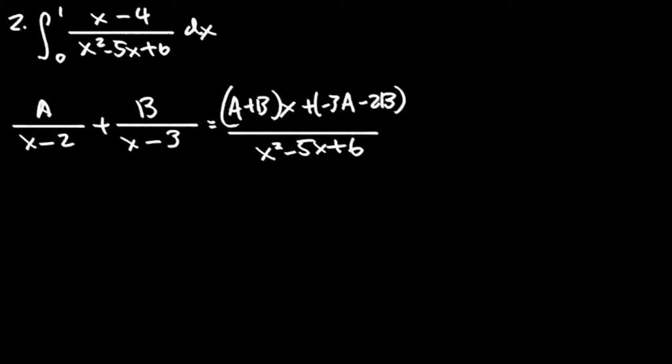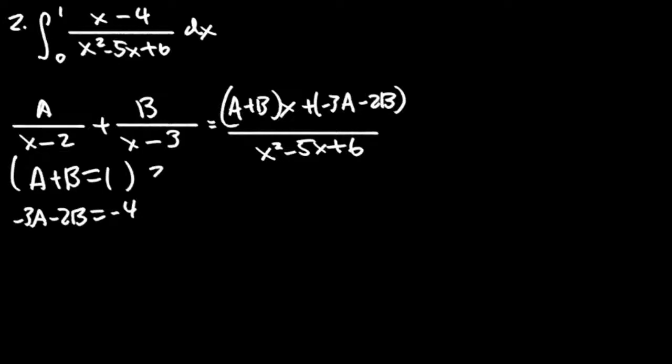Okay, this time we do have an x coefficient, so that'll be a plus b equals 1, and then -3a minus 2b equals, in this case, -4. All right, so I'm going to multiply the whole thing by 2 so that we can get rid of b. So we have 2a minus 3a plus 2b equals 2, and then the other equation is just the same thing.